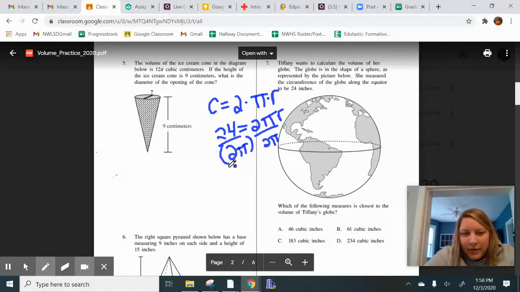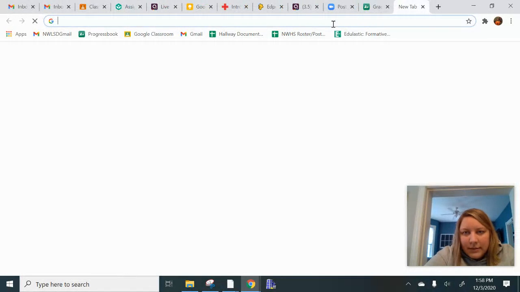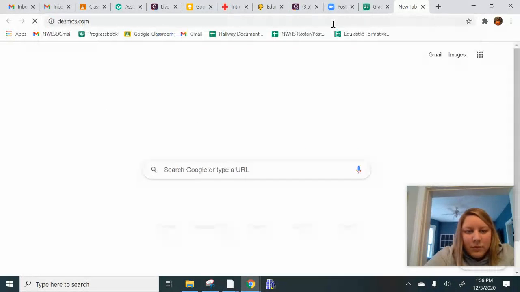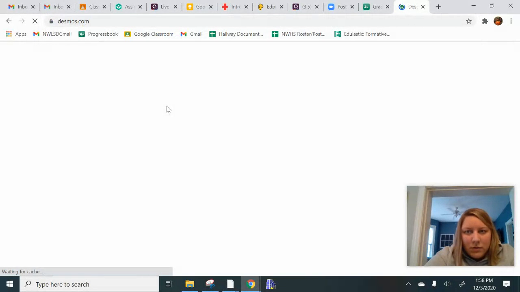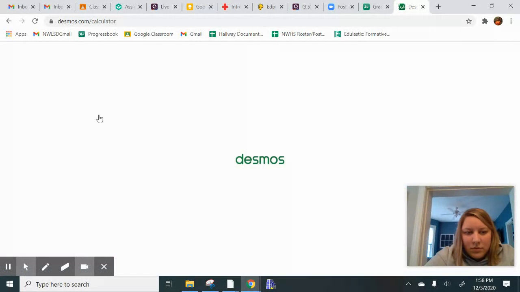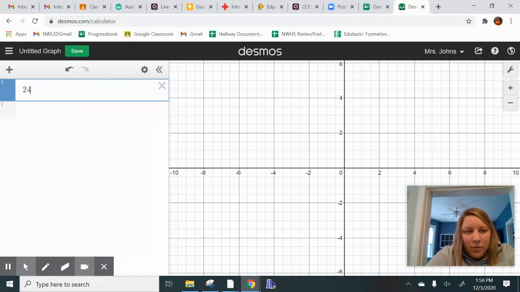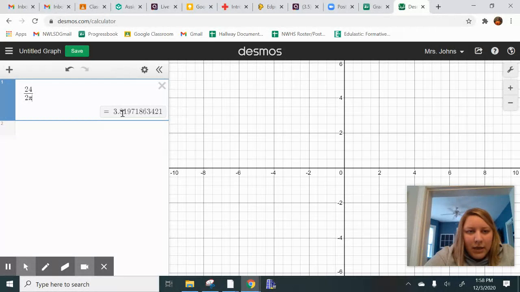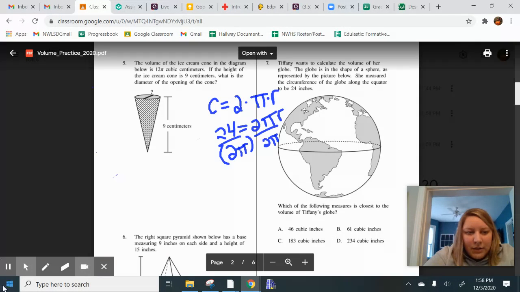And then I'm going to plug this into Desmos real quick. So 24 divided by 2 pi is 3.8. So R is 3.8.